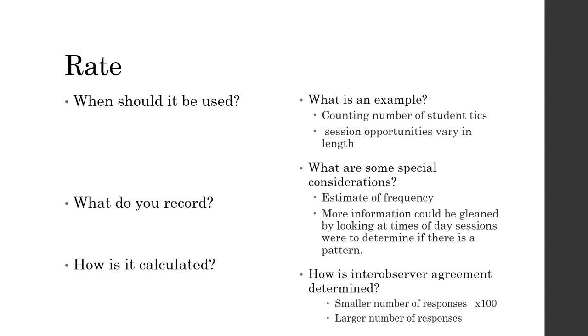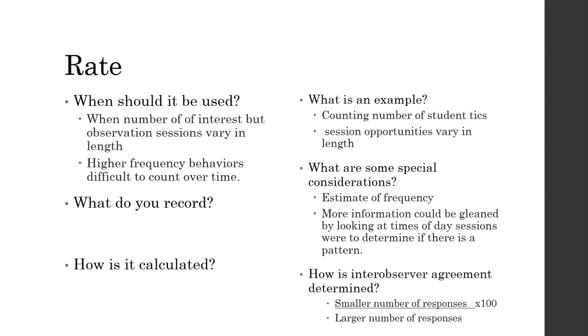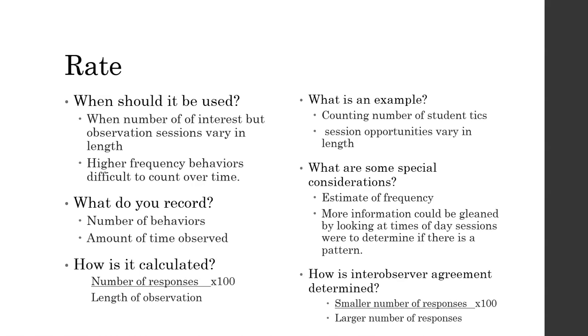We convert frequency information to rate when the observation sessions vary in length. Higher frequency behaviors are difficult to count over time. So you record the number of behaviors and the amount of time observed. You divide the number of responses by the length of the observation to get a rate, and that way you can compare data from session to session.